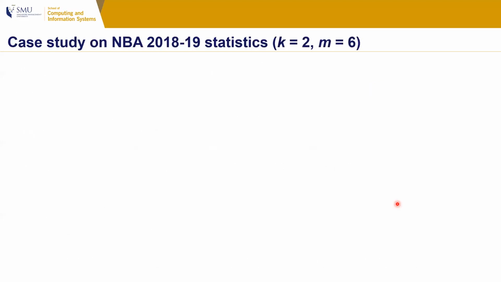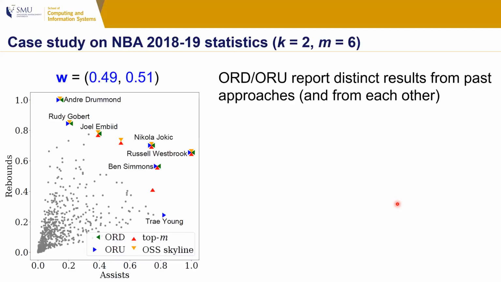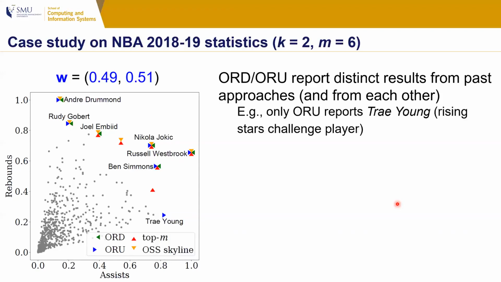We have done some case studies which show that the results of ORD and ORU are different between our two operators, but also very different from existing operators like standard top-k or some versions of skyline. So in this specific example with NBA, only ORU happens to report Trae Young, who is the Rising Stars Challenge player in the specific season where we drew this data from.